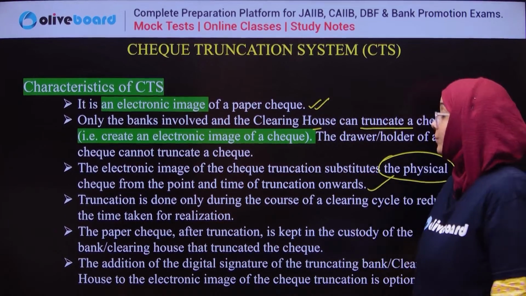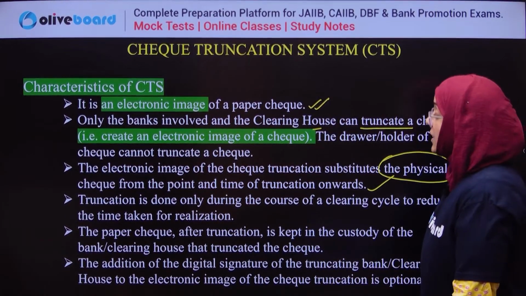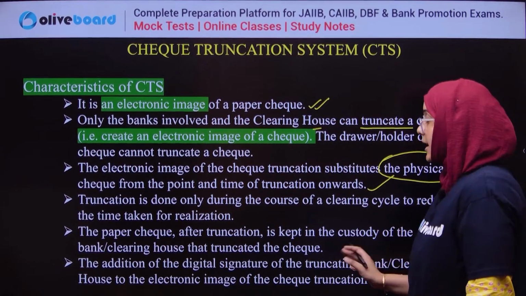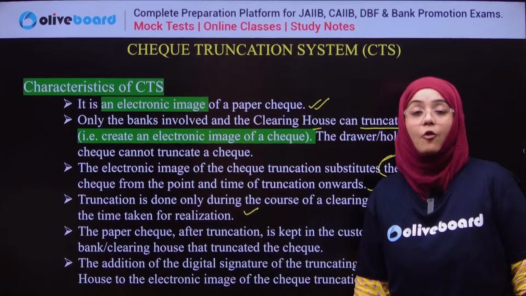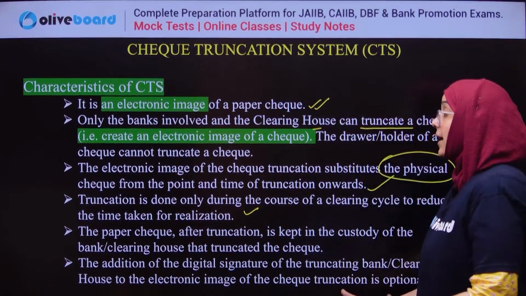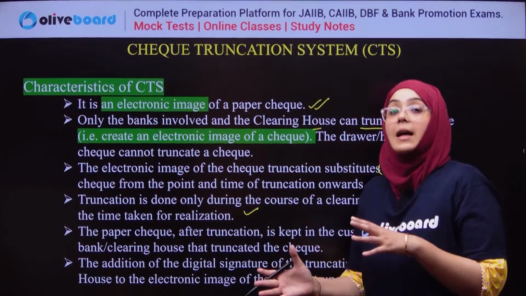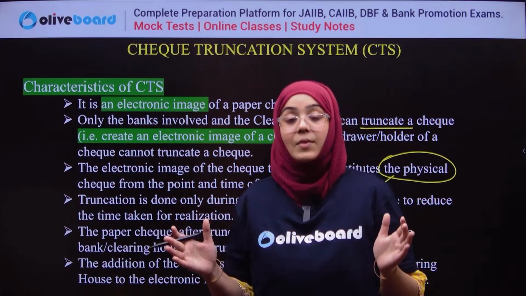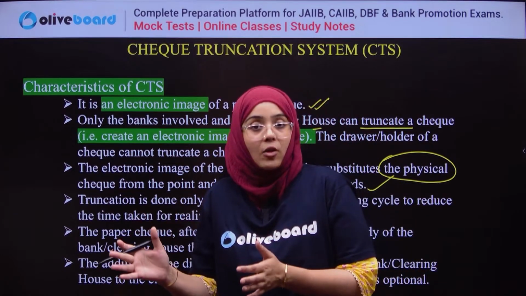Next, truncation is done only during the course of a clearing cycle to reduce the time taken for realization. So truncation means the movement of the electronic image is done to eliminate the time involved in the physical movement of the check.